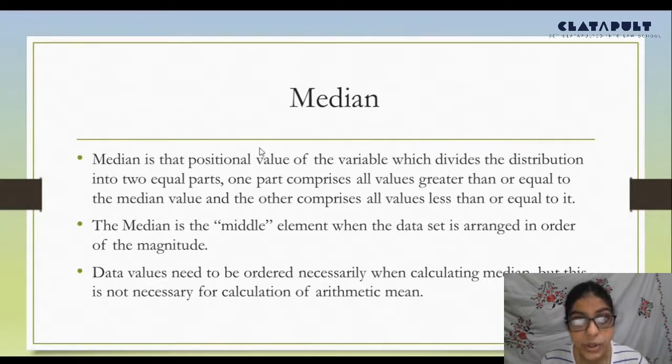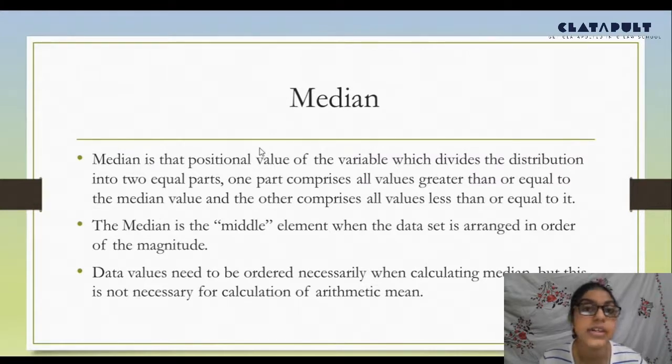In this scenario, unlike calculation of arithmetic mean, where your data values may be disorganized or just put in any sort of order possible and the sum will still remain the same, to calculate median, you necessarily need these data values to be in an order of magnitude arrangement, right? So you necessarily need them to be in an increasing or a decreasing order, or you will not get an accurate value for median.